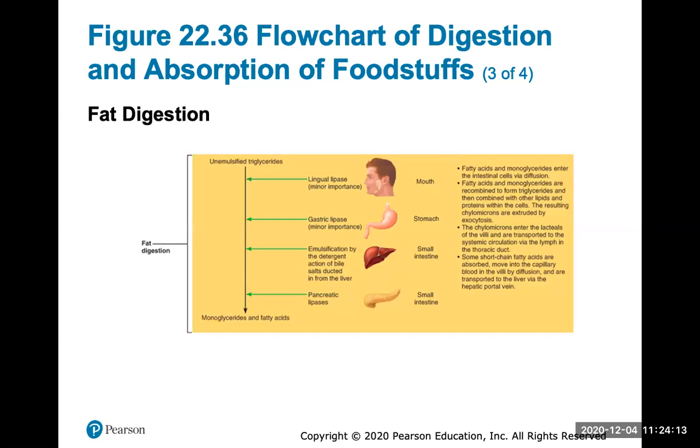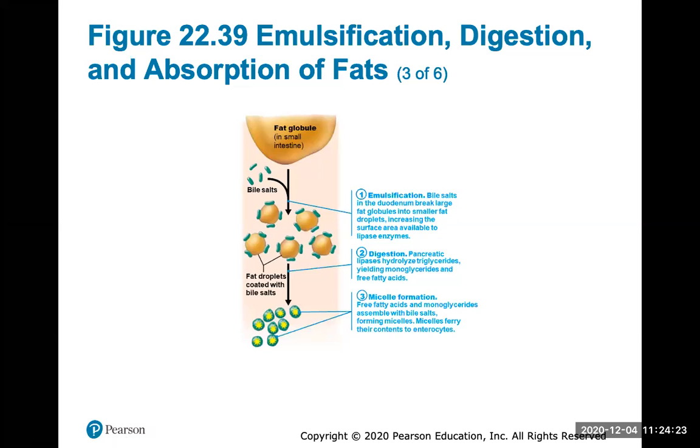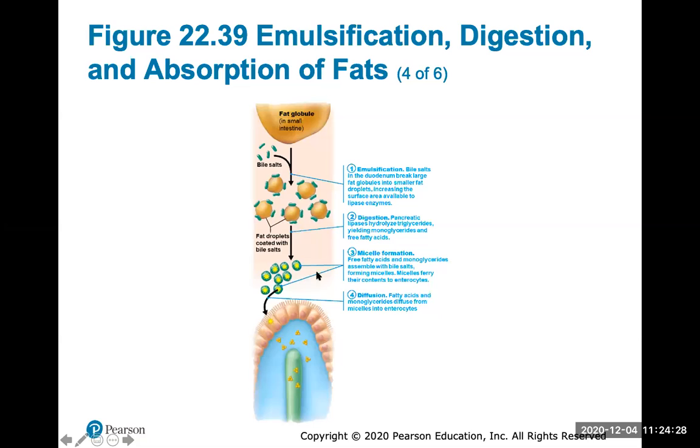So in terms of fat digestion, bile salts help to emulsify fats, and these bile salts kind of surround the fats. That's called emulsification. That just makes them easier to be digested to form what they call micelles. And the micelles are more able to take that fat, cross the brush border, and be absorbed into the lacteal.